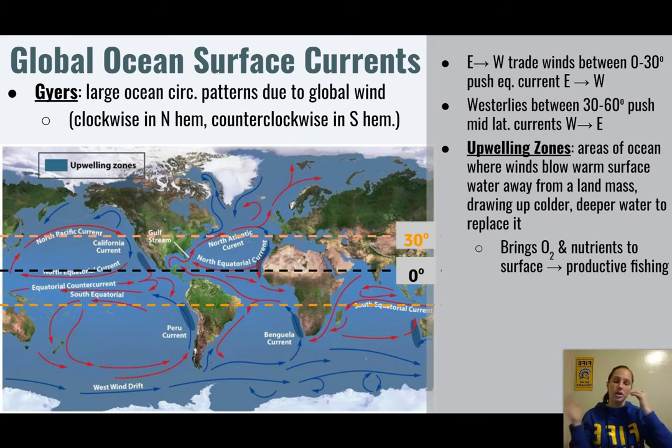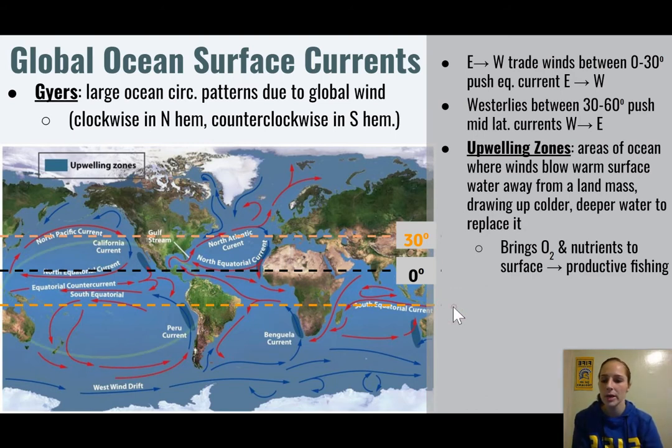It's going to be bringing oxygen and nutrients with it to the surface, which is going to be very beneficial for fishing because fish are going to flock to these areas because there's oxygen, there's nutrients for them. And so these are going to be areas in upwelling where we are going to get really productive fishing. And a lot of people are going to be making their livelihood based off of fishing in these areas.